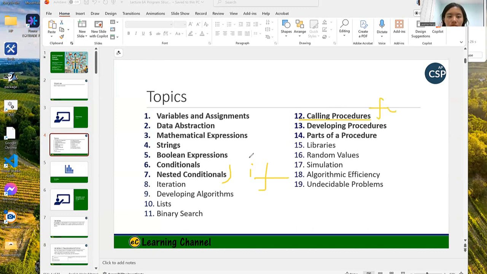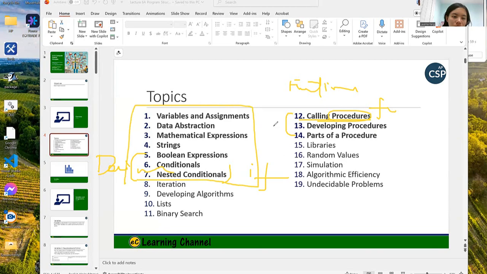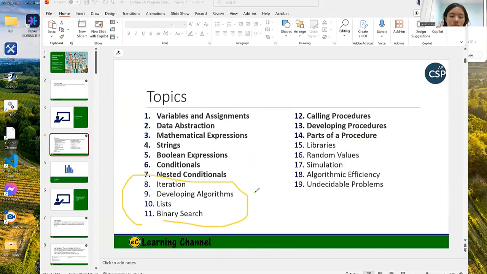So these are functions. So this portion we call decision. This portion we call functions. Functions are also called sub procedures, also called procedures. So these four phases are the lecture of 6A. Okay, and the iteration portion is in 6B or more. Okay, that's why we will move on today.